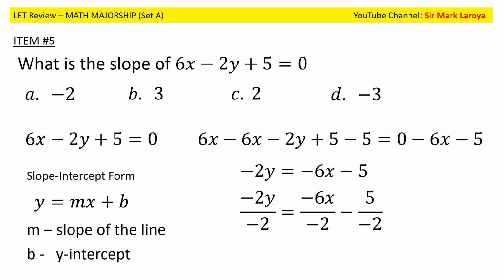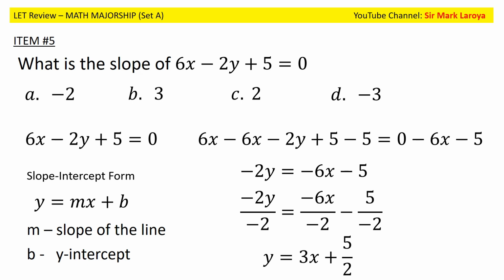So, we have now negative 2y divided by negative 2 equals negative 6x over negative 2 minus 5 over negative 2. So, dinivide natin yung both sides, or should we say all terms, by negative 2 para mawala yung coefficient ni y. So, this will give us now y equals 3x plus 5 over 2.